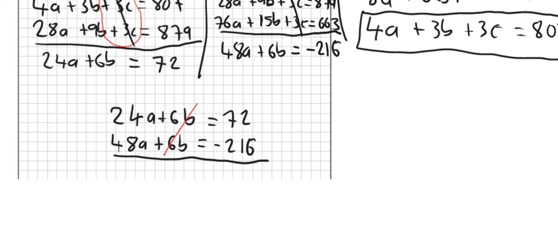Let's take the top away from the bottom again, so we're going to get 24a equals minus 216, take away 72, which should give us minus 288.